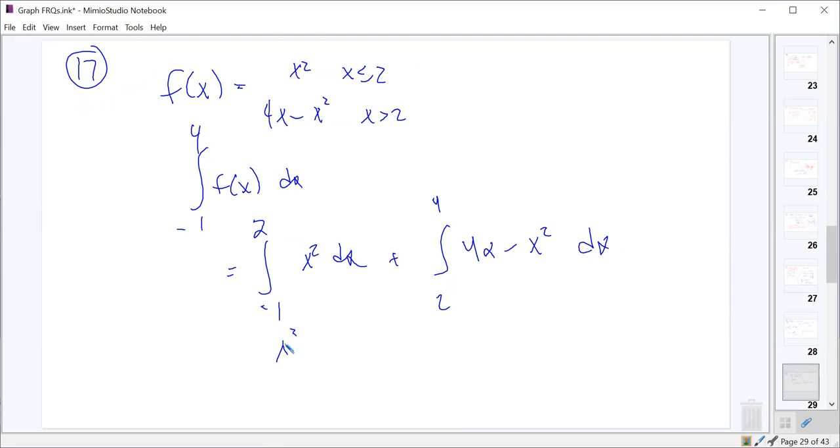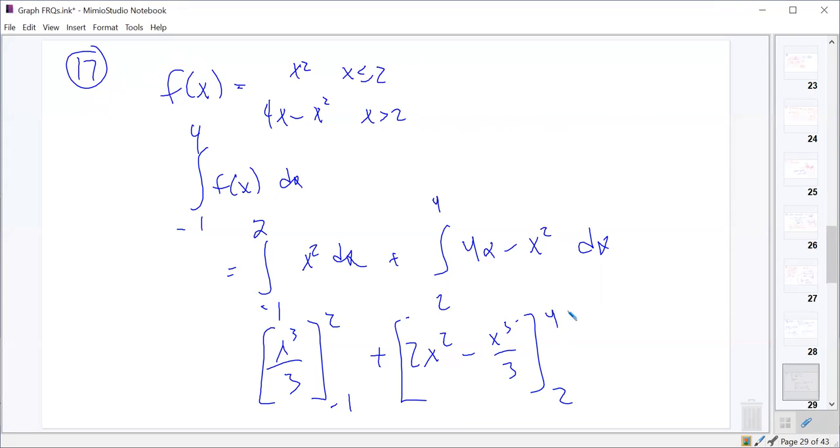And from there, you just integrate x cubed over 3 from -1 to 2, and 2x squared minus x cubed over 3 from 2 to 4. And you evaluate 8/3 minus -1/3, and then plus, I'll just write it down here. Let's see, what does that become? Plus 32 minus 64/3 minus 8 minus 8/3.